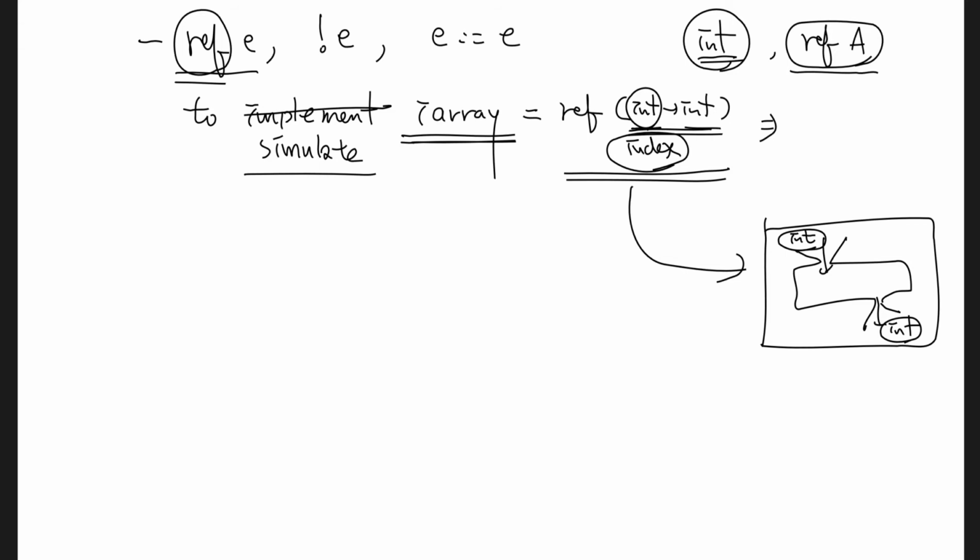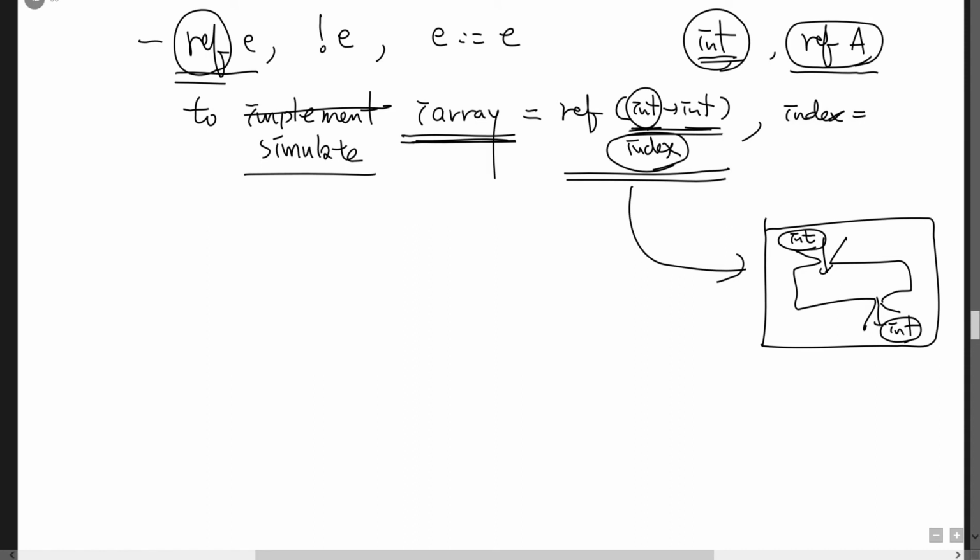For simplicity, let's just say this integer array is initialized with 0 in all its elements. So the index can be any integer. For instance, you can even have negative indexes into this array, and the elements are all initialized as 0.